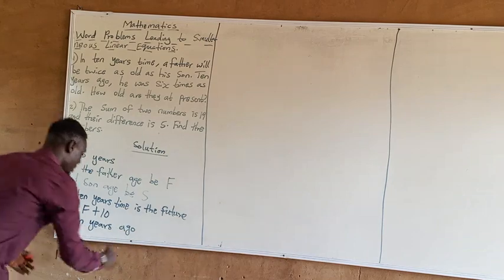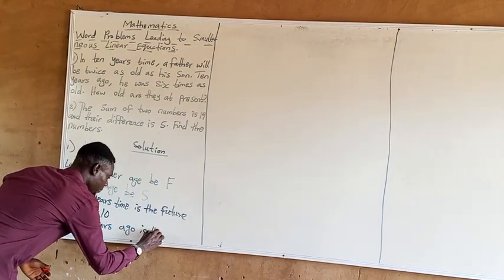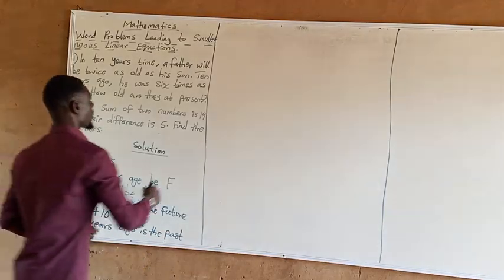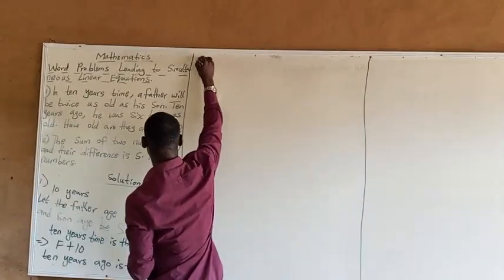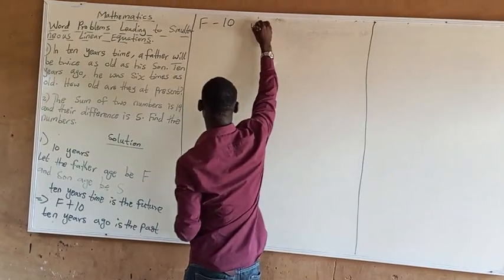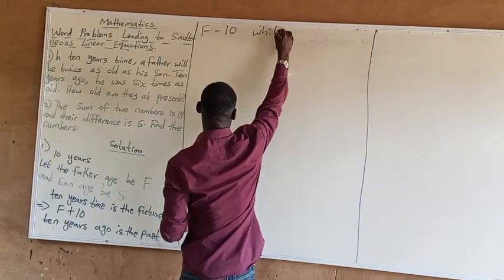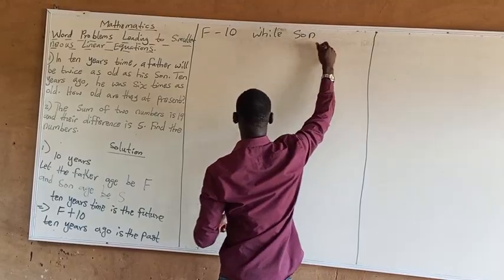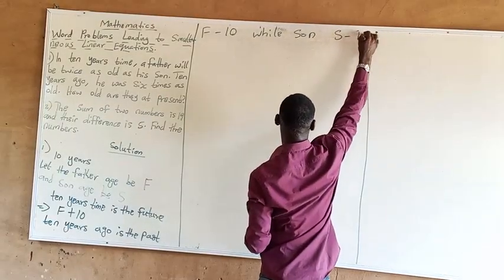Now, this is for the past. The father will be F minus 10, while the son will be S minus 10.